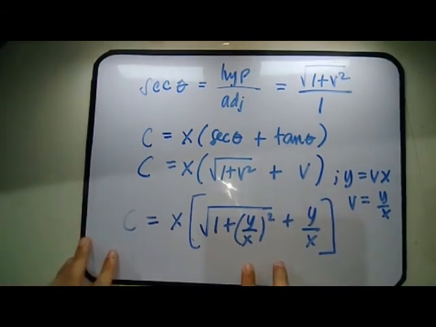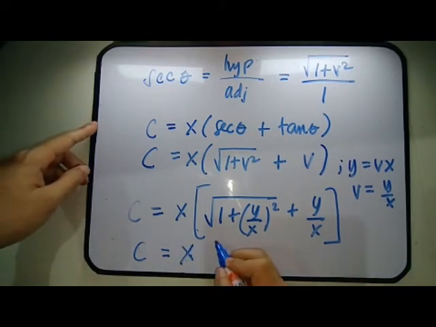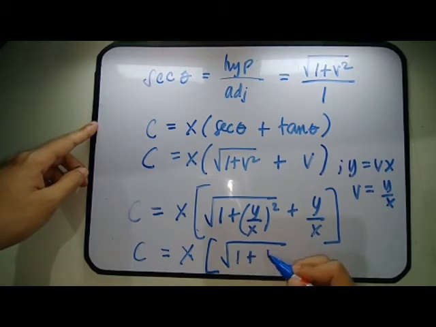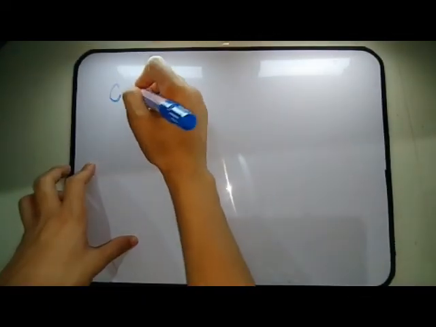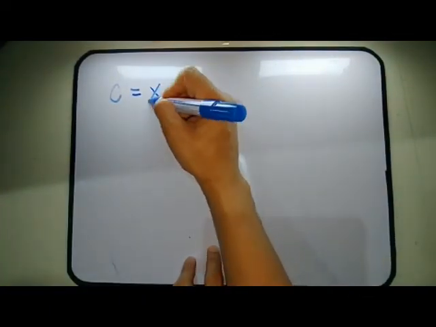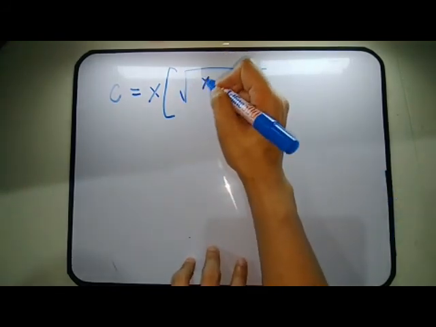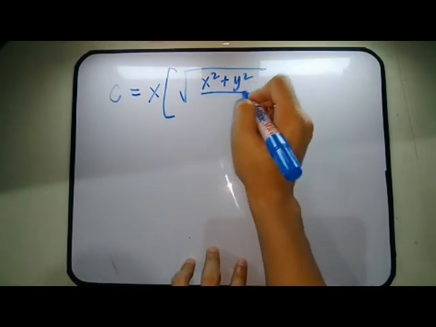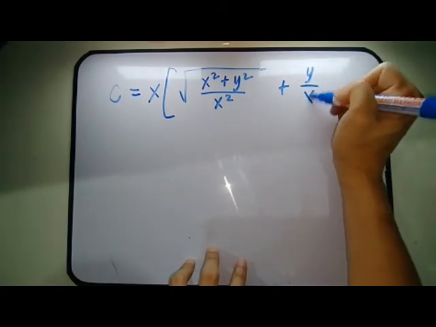Then, we just simplify this. Simplify pa natin guys. So, c equals x times the quantity square root of 1 plus y squared all over x squared plus y all over x. Ito guys, isimplify natin siya. So, c equals x times quantity, square root of, so pagsamahin natin guys, x squared plus y squared all over x squared, plus y all over x.